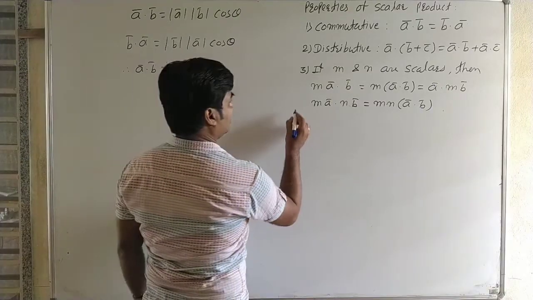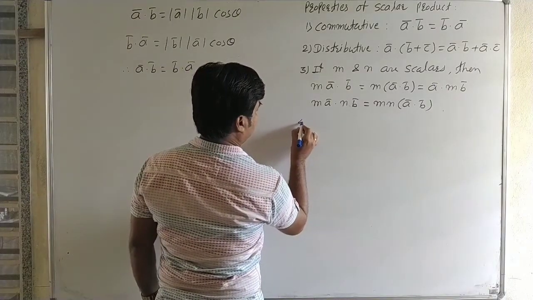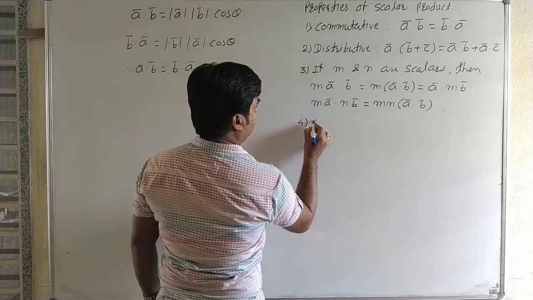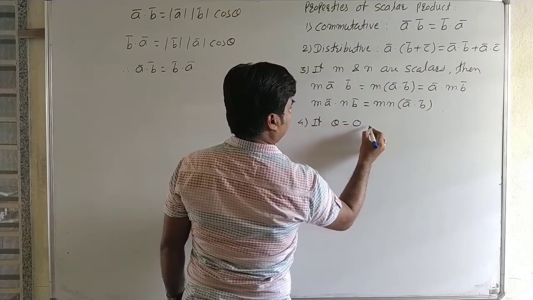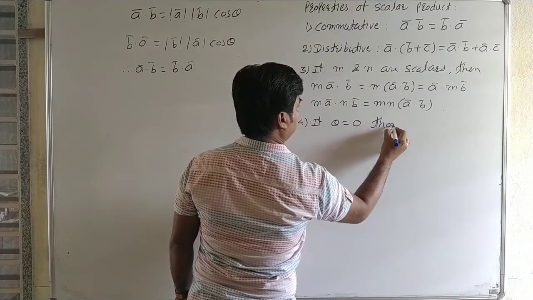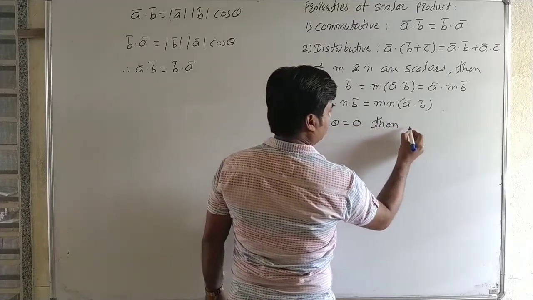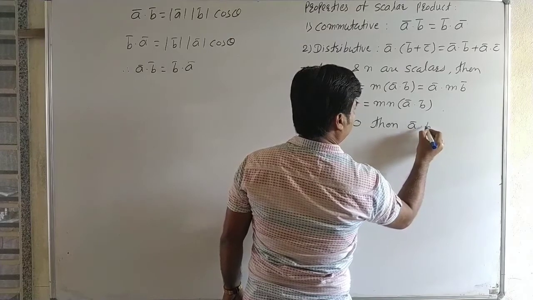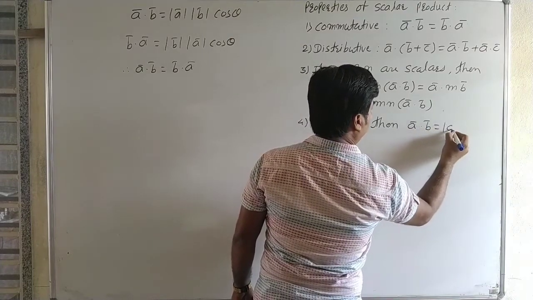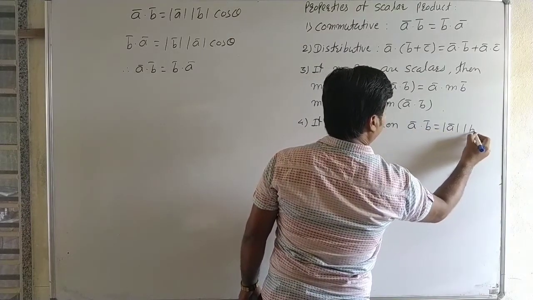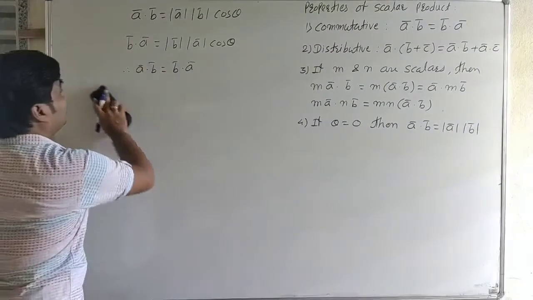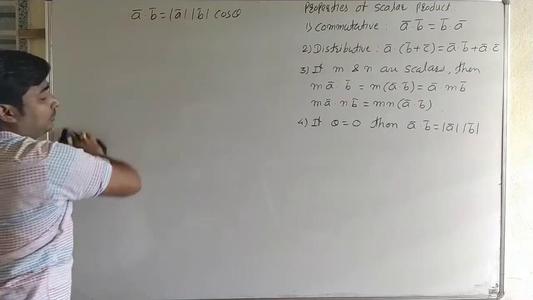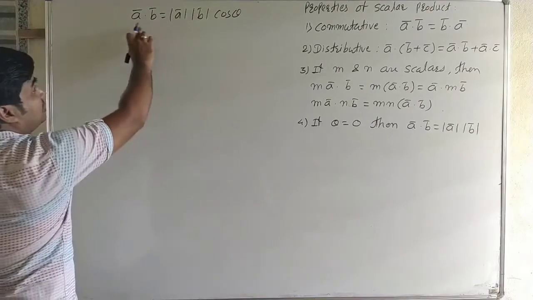Now here if theta is equal to 0, then a bar dot b bar is equal to magnitude of a bar into magnitude of b bar. If theta is equal to 0, here we know the definition of the dot product.